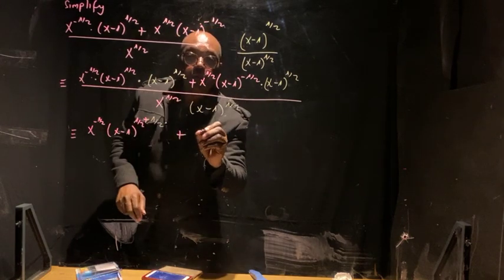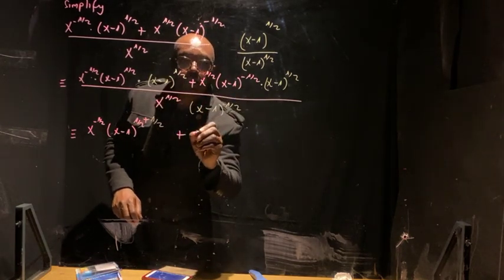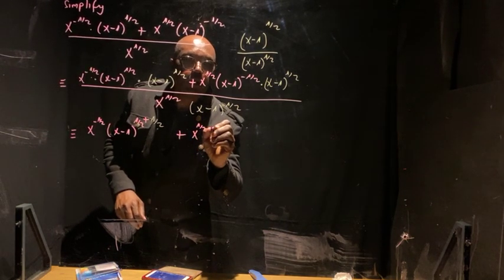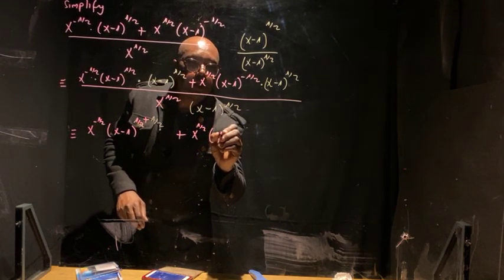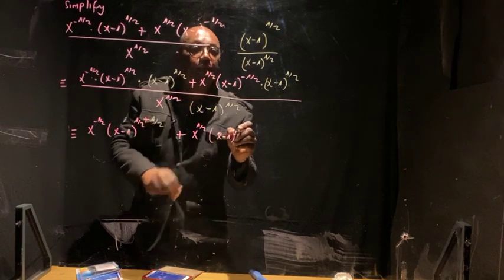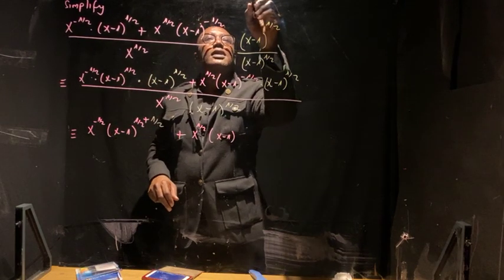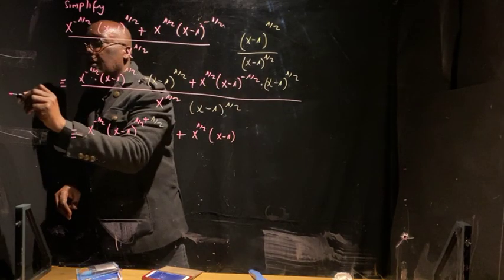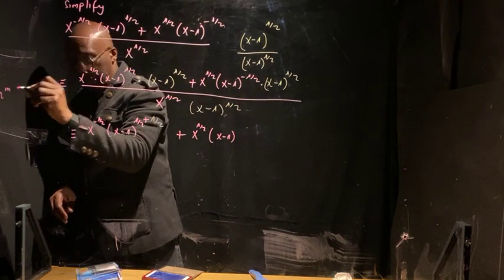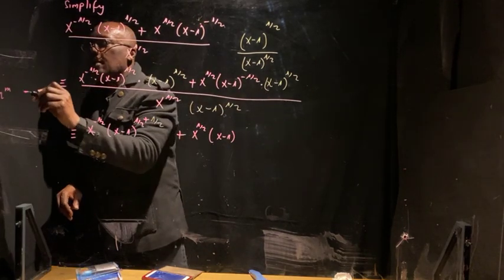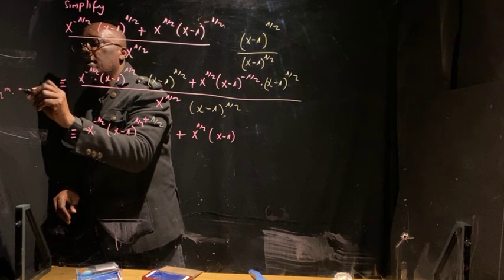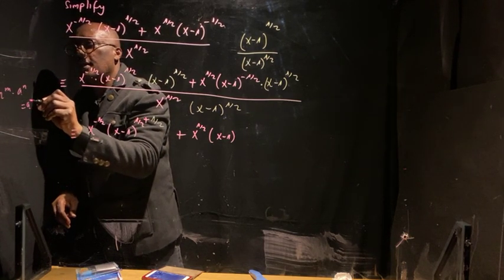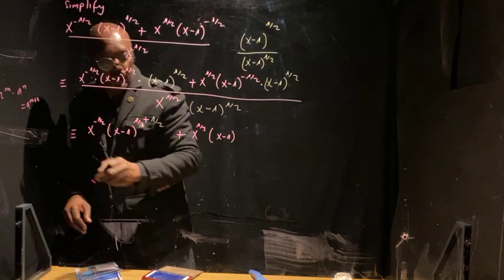X raised to the power half, this one, multiplied to x minus 1, the same law 1. Remember, law 1 says that a raised to m multiplied to a raised to n is equal to a raised to m plus n.